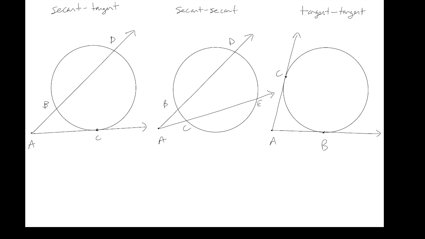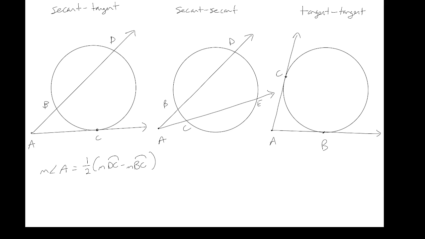The measure of the angle outside of the circle, A, is going to be dictated by one half of the difference of the two arcs that are formed, the outer arc and the inner arc. So A is equal to 1/2 of the measure of arc DC minus the measure of arc BC.